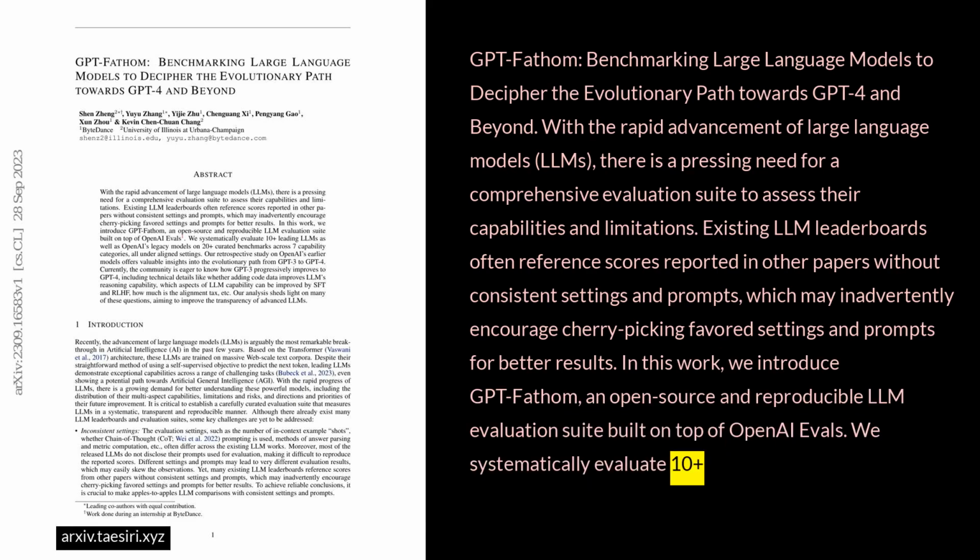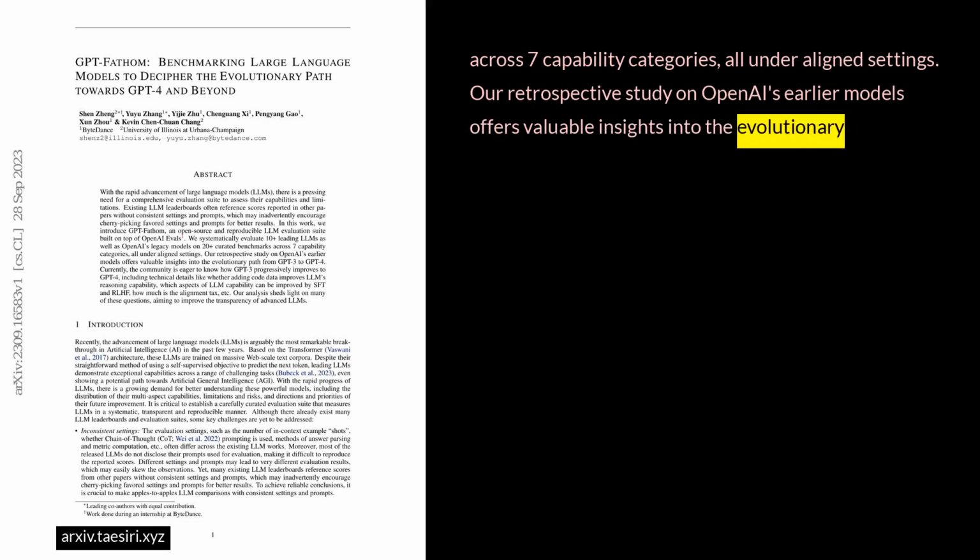We systematically evaluate 10+ leading LLMs as well as OpenAI's legacy models on 20+ curated benchmarks across 7 capability categories, all under aligned settings. Our retrospective study on OpenAI's earlier models offers valuable insights into the evolutionary path from GPT-3 to GPT-4.